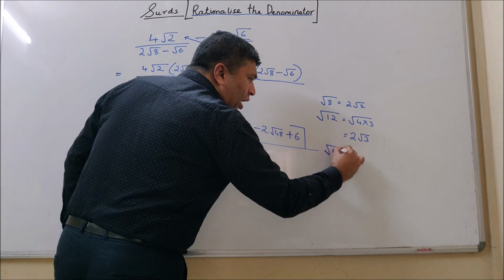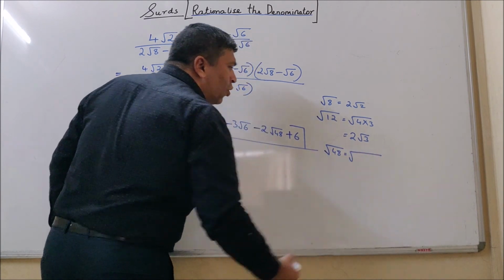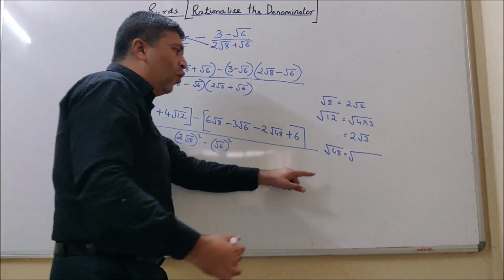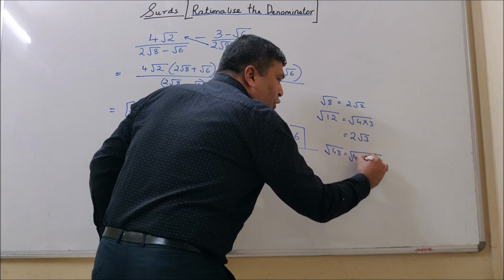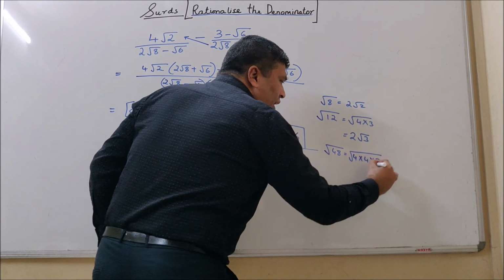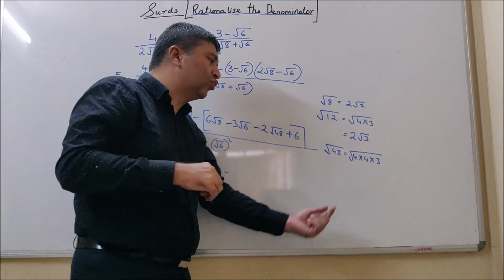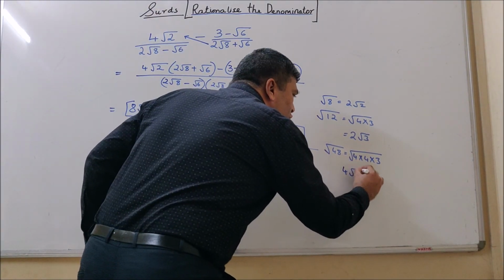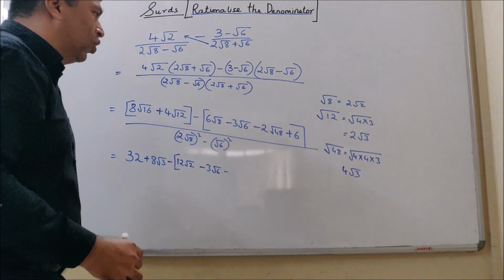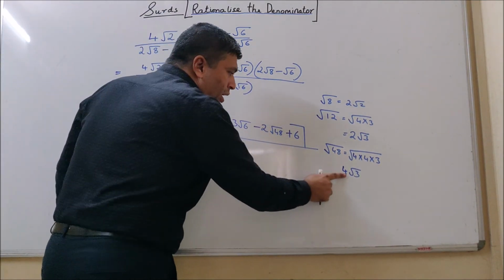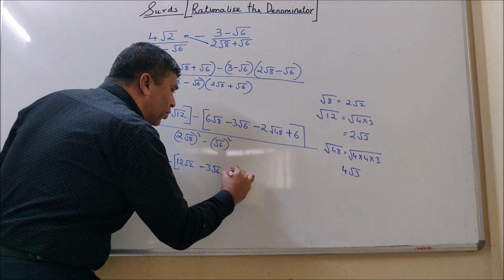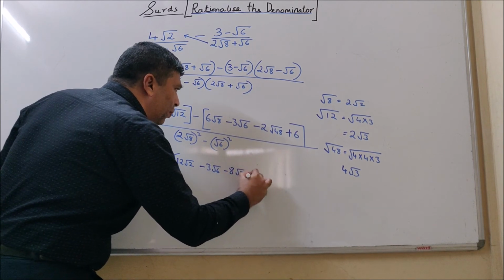Root 48 can be written as 4 into 4 into 3. Now, square root of 4 is 2 and 2. So it becomes 4 root 3. So this minus 2 will get multiplied with the 4, so it becomes a minus 8 root 3 plus 6.